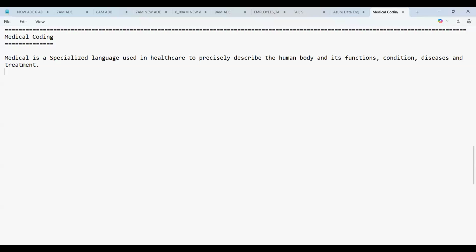Now, guys, when it comes to the treatment, we can say the next is medical treatment.